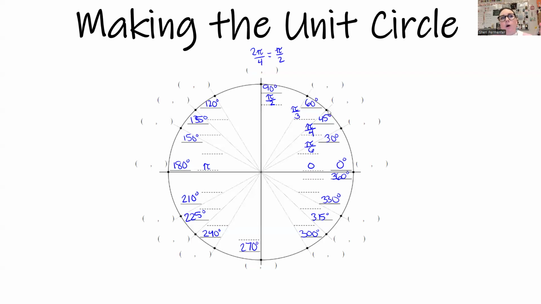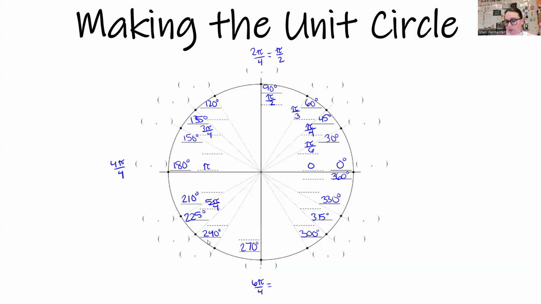So I've got 1, 2. I'm counting by the slices that are a fourth. 2 pi over 4, 3 pi over 4. This would be 4 pi over 4, which reduces to just pi. 4 pi over 4, 5 pi over 4. 6 pi over 4.